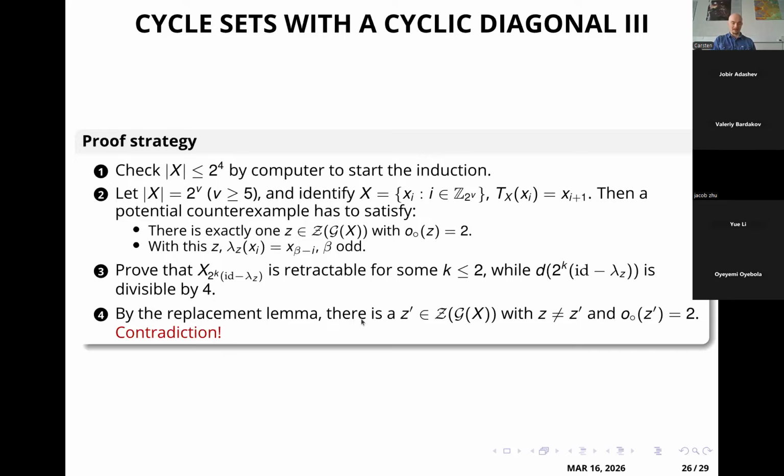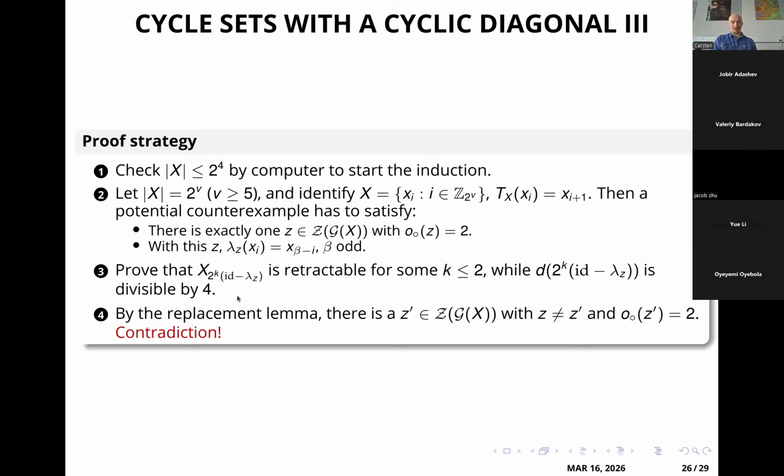And so we get a contradiction. And this is a very superficial description of what is actually happening in the proof. But of course, especially step 3 is very involved. And I guess maybe there's an easier approach to that.